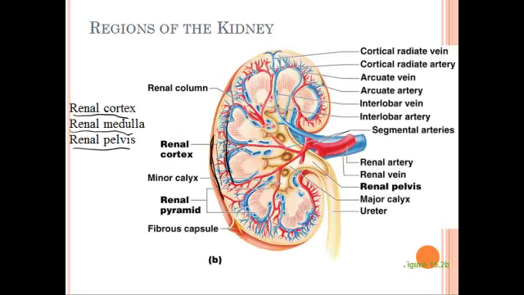Underneath that, we have what's called the renal medulla area. And in this picture of the kidney, here's the cortex. The renal medulla is going to go from here to here. That's going to be the renal medulla.